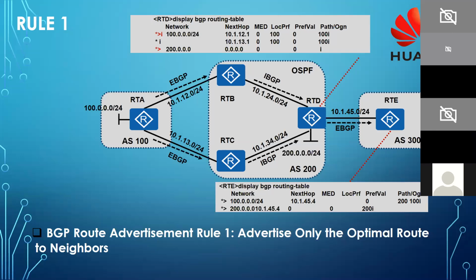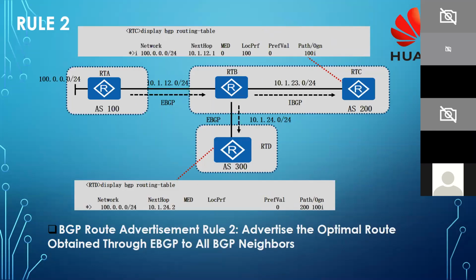The second rule. So the second one is to advertise all eBGP routes to all BGP neighbors. What does it mean? RTA sends an eBGP update to RTB.